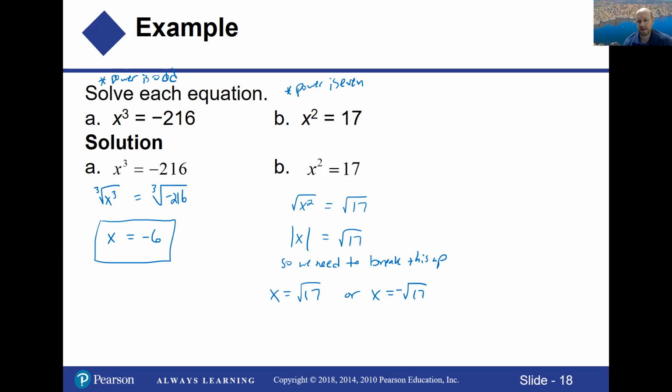Don't put the negative on the inside because we can't have a negative square root, right? So these are our solutions here. We could have the square root of 17 positive or negative square root of 17. Keeps trying to say square root of -17. That would be incorrect. Negative square root of 17. And again, you only have to worry about that when the power is even.